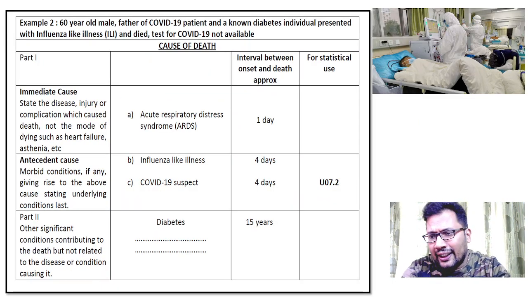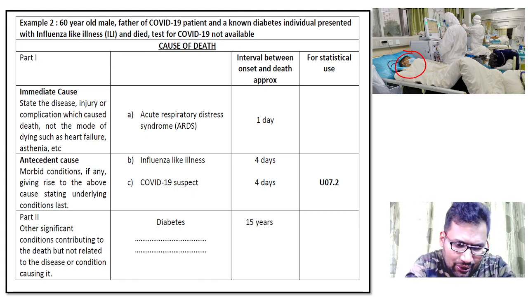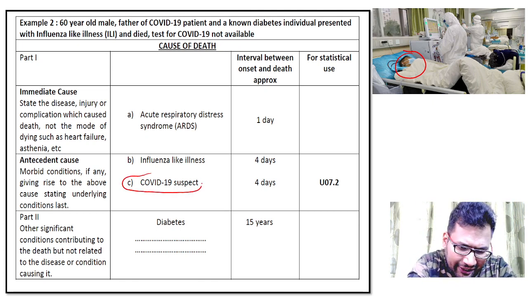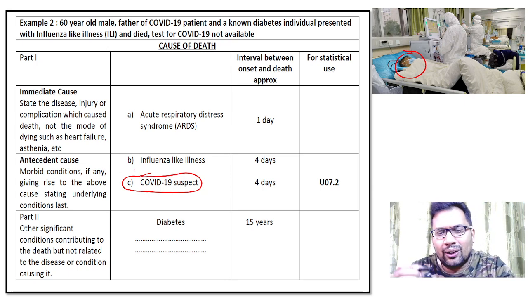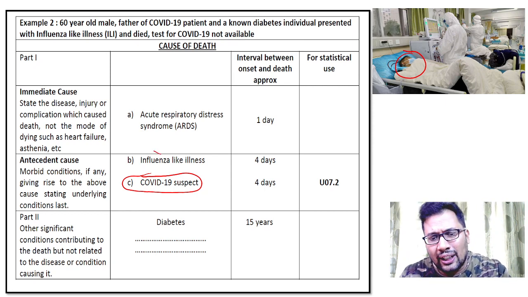Second example, again a case of COVID-19, but the test is negative, a COVID-19 suspect. You can see here COVID-19 suspect. Because of COVID-19 suspect, there were influenza-like symptoms. That comes under 1B, and because of that there is ARDS, acute respiratory distress syndrome, that is 1A.